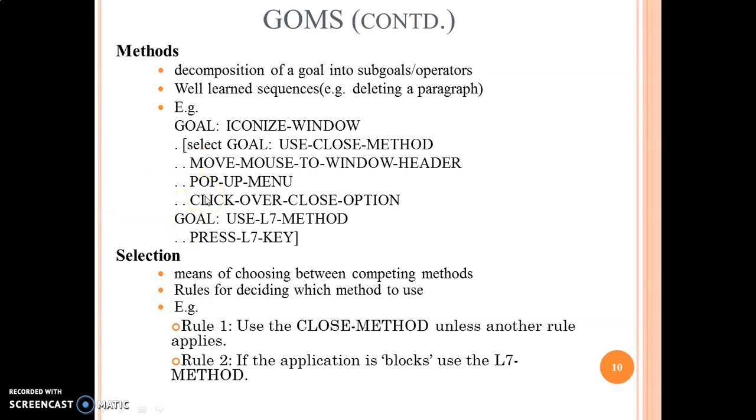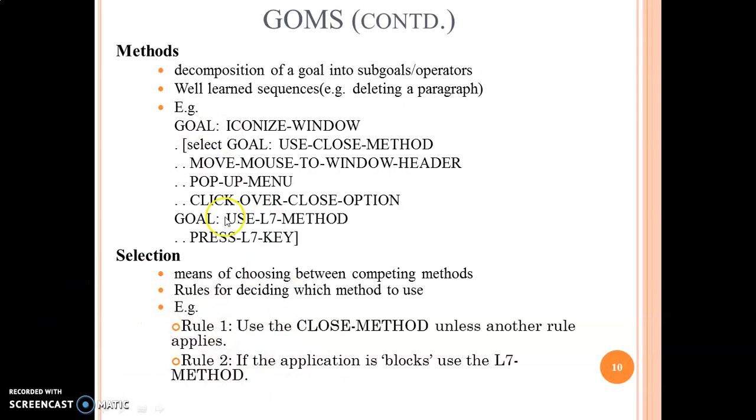In the case of the example of airport from hotel, the methods can be either to take a bus or taxi or rent a car, maybe take a train or simply walk. What is the last point from GOMS? It talks about selection.